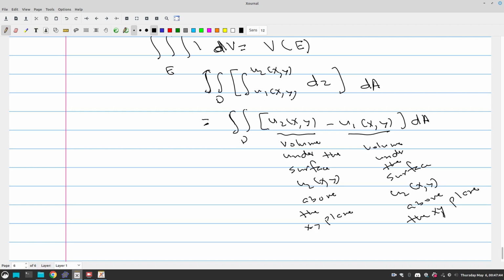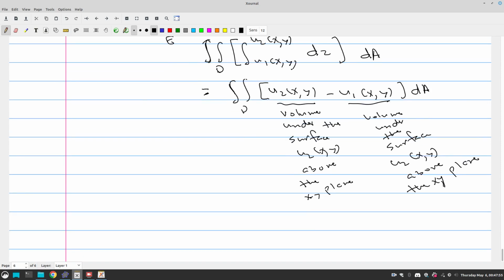So the integration obviously gives you the volume bound between the two surfaces, right? The volume bound by the two surfaces. Okay.